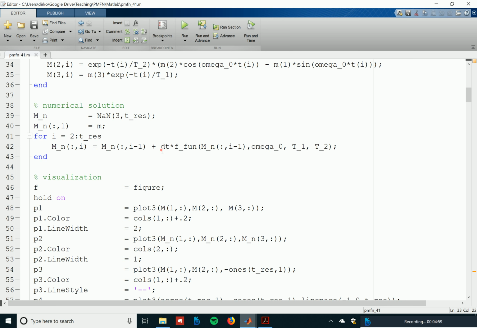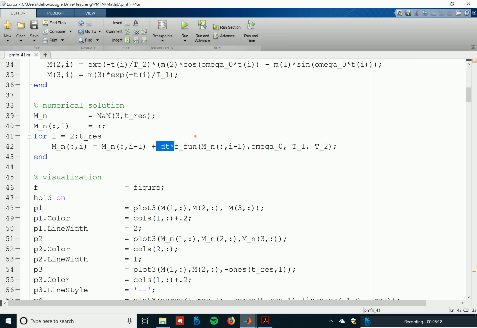which essentially works by evaluating the derivative and then always for a specific value of the magnetic moment vector, and then adding the derivative multiplied by a small amount of time.